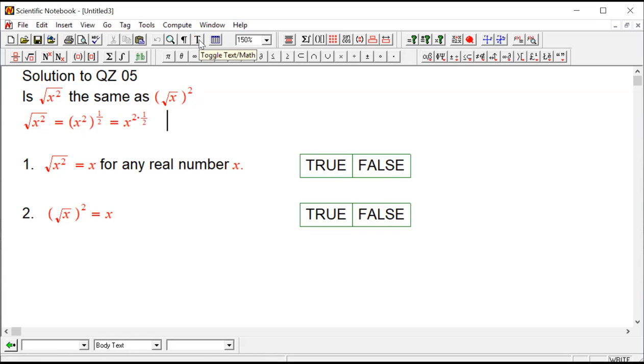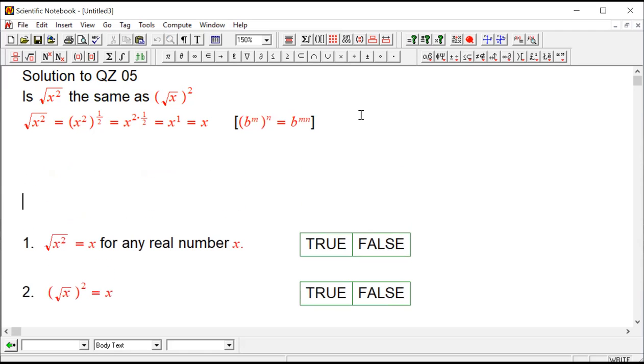Where the source is that b raised to the power of m and then raised to the power of n is equal to b raised to the power of m times n. Okay, so that's the property being used. So we end up with x raised to the power of 1 because 1/2 times 2 is equal to 1. So that equals x. Is that right?